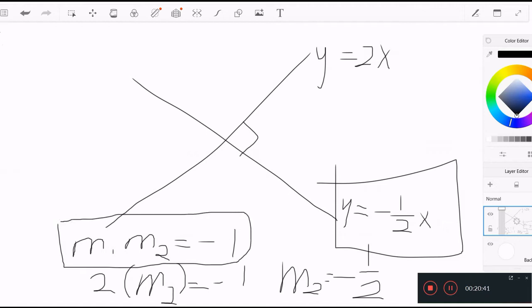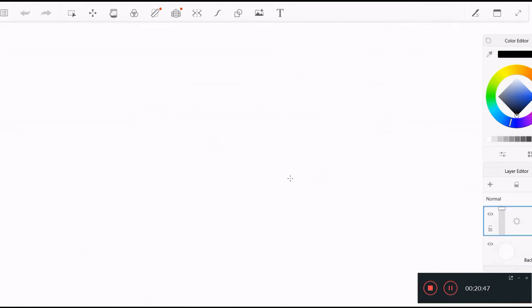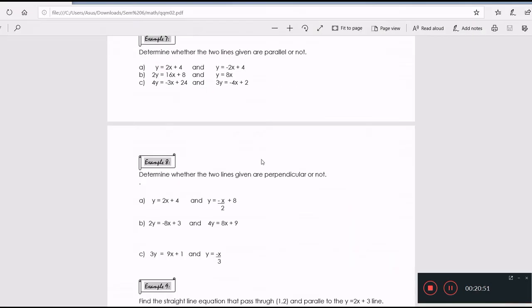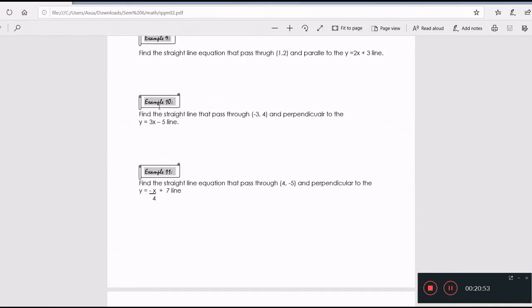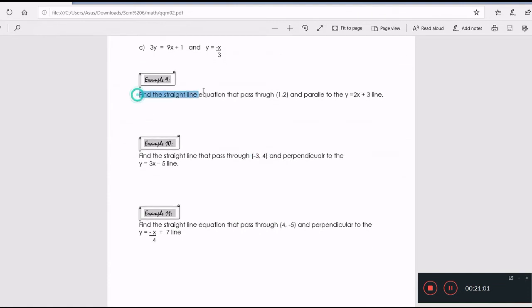So I will go with the next part. I will show you some examples over here. Find the straight line that passes through. I will go with example 9 first. Find the straight line equation that passes through (1, 2) and is parallel to y equal to 2x plus 3.